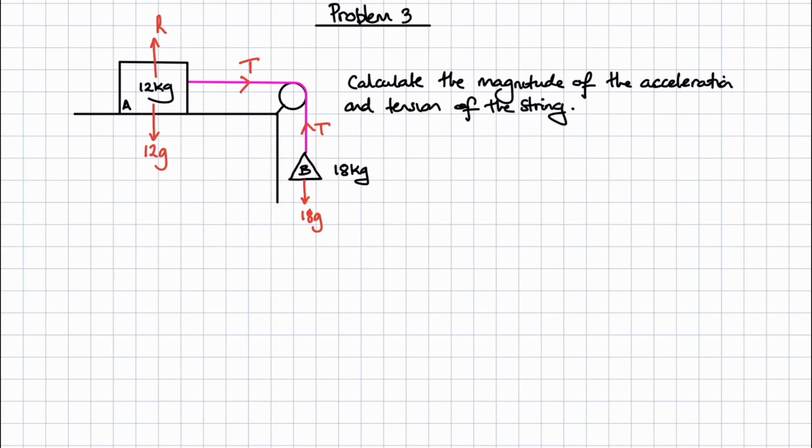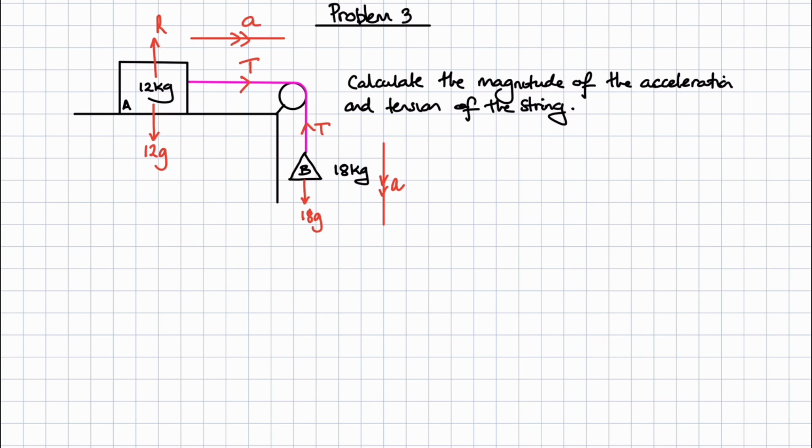Once these particles are released from rest, the 12 kilogram particle, particle A, will accelerate towards the right. I will indicate that with an arrow. And particle B will accelerate downwards, and we can indicate that as such.